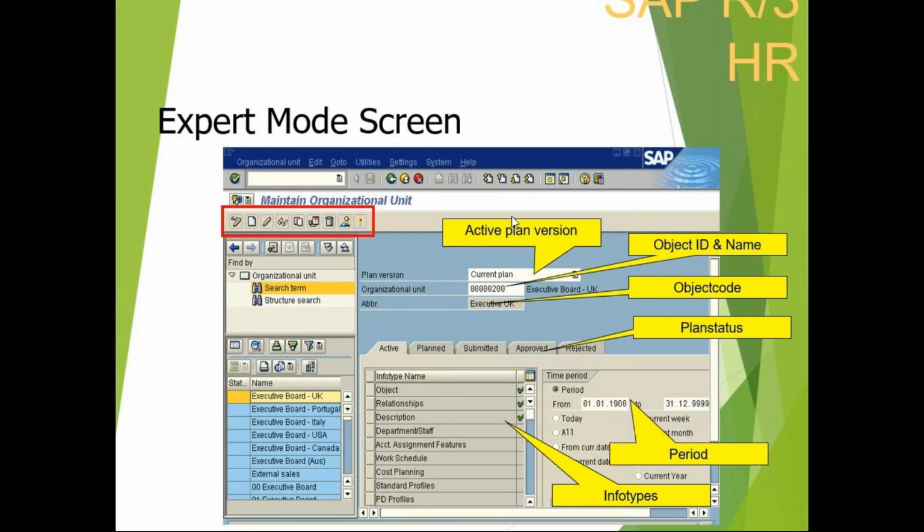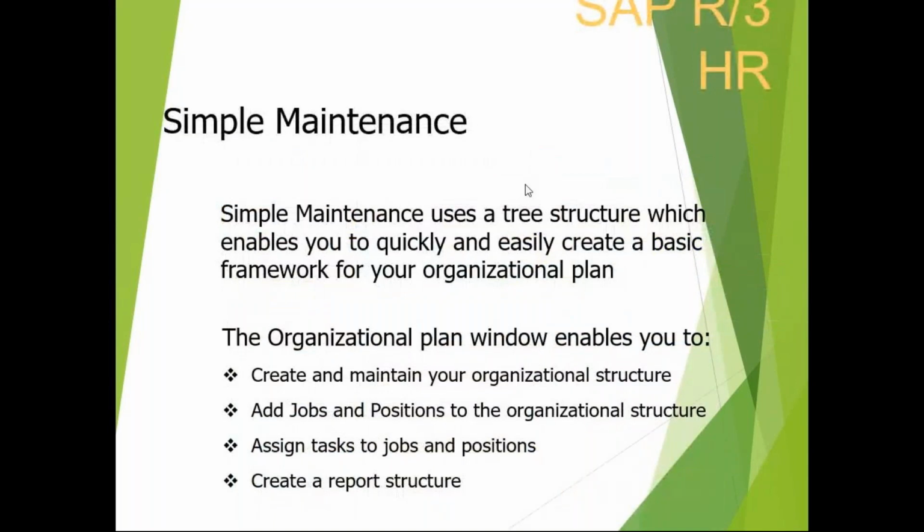Okay. Now let us go to what is simple maintenance, the third one. Simple maintenance is used to create an organized structure like a tree structure, based on your corporate office and branches. It is very easy to understand and enables you to quickly and easily create the basic framework of the organization plan.